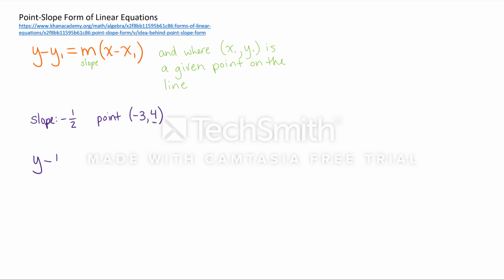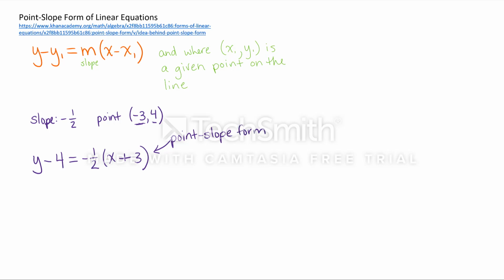In this case, it's a positive 4, so minus positive 4. And then insert negative 1/2 for the slope. That first x that doesn't have a subscript is a variable, so it stays an x. But when we say minus x1, that's the one from our point, which is a negative 3 in this case. And of course, minus a negative 3 is going to become plus a positive 3. I'll go ahead and simplify that. This is the point-slope form of that line.